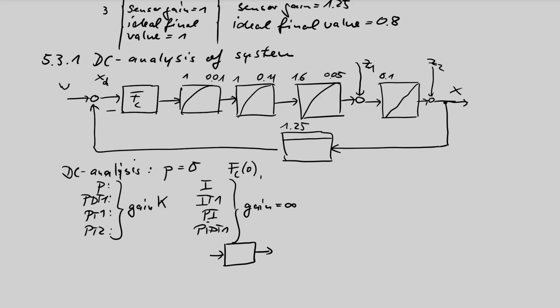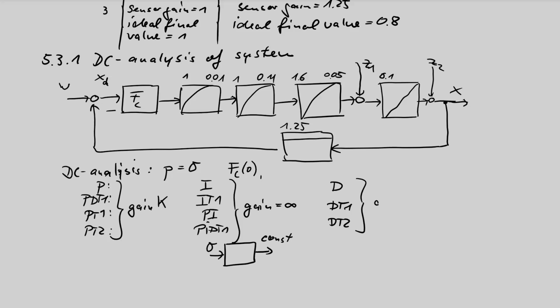steady state situation, then we can say, okay, normally we expect a constant output, steady state. That means if we have here a constant value with gain infinity, the input must be 0. And then we have the D, DT1 and DT2 blocks.